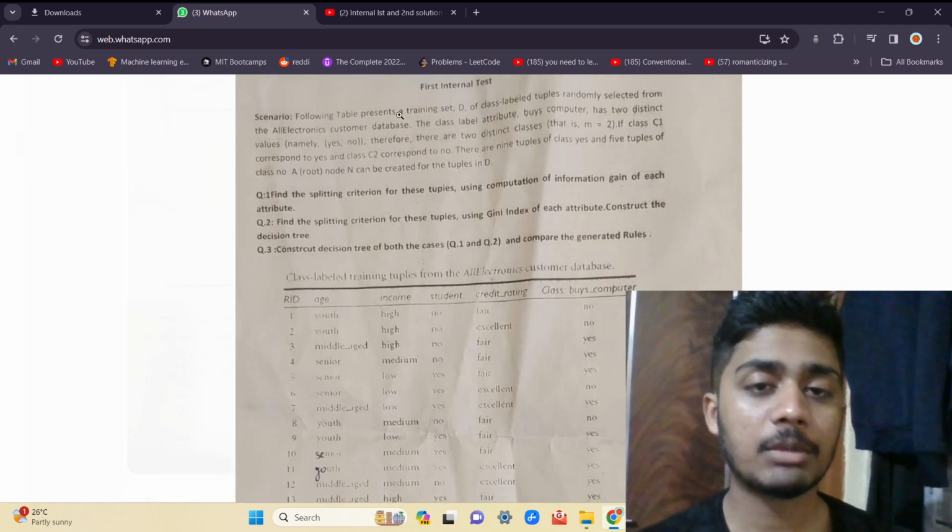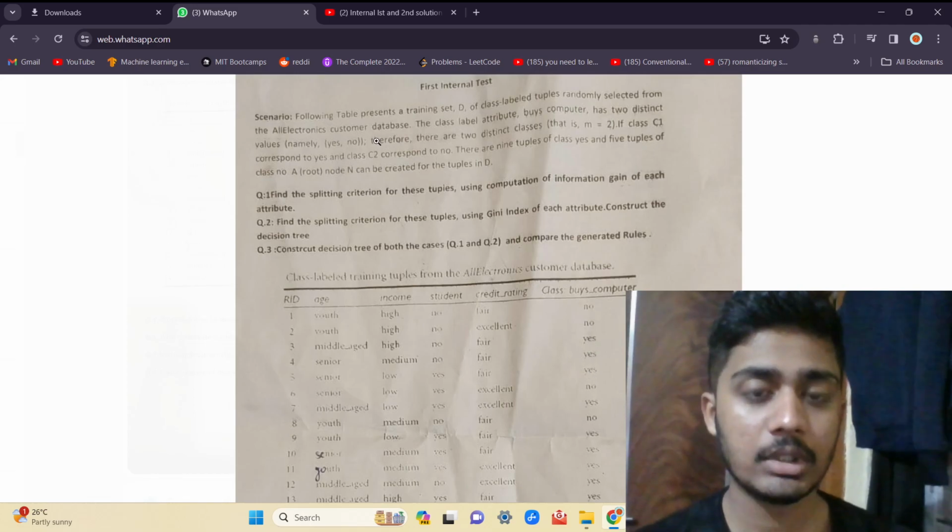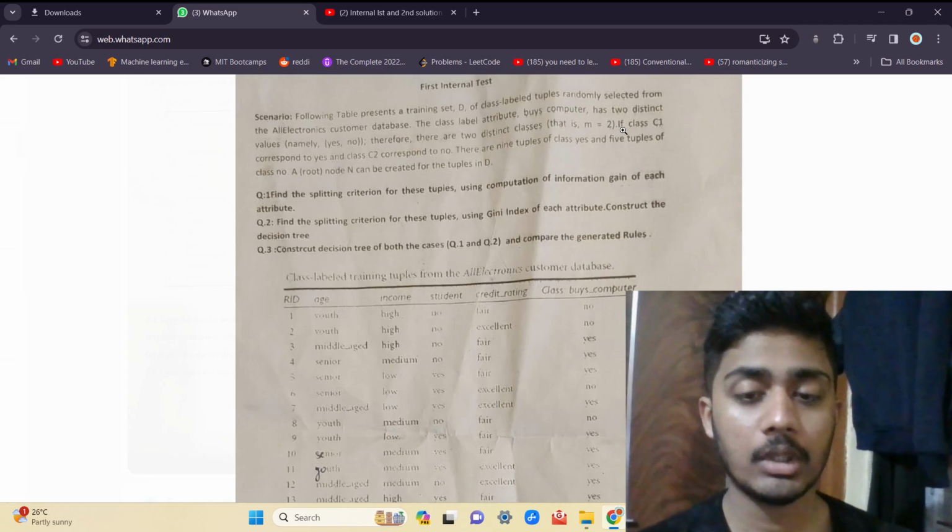The following table presents a training set D of class-labeled tuples randomly selected from the AllElectronics customer database. The class label attribute, buys computer, has two distinct values, yes and no. Therefore, there are two distinct classes, that is m equals 2.